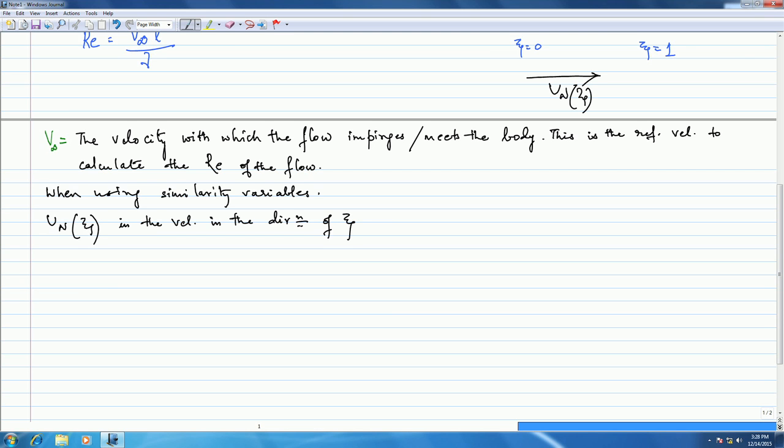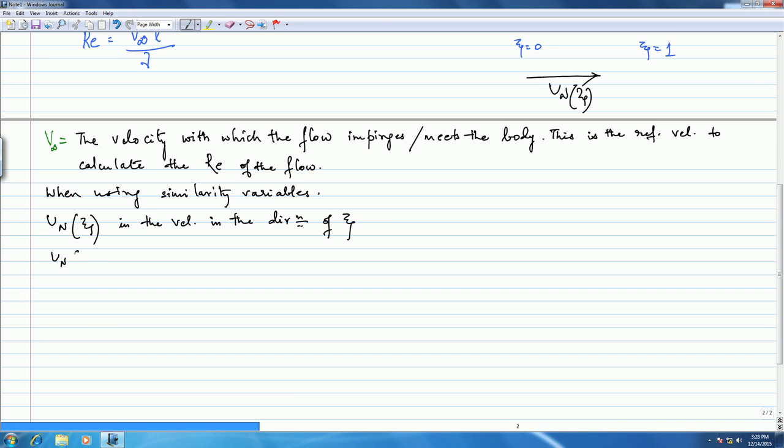So essentially u zeta is equal to U infinity x. When I say outer flow, I mean that now we do have a boundary layer, and this is the velocity just outside the boundary layer, which essentially is the free stream, right.